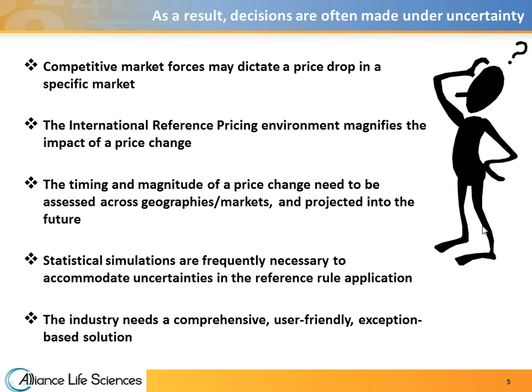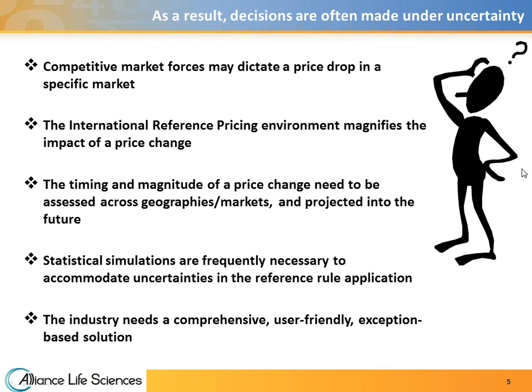You could have a different set of rules that are applied when a product is launched, and then going forward, the re-referencing rules could be very different. So there's that variation. We oftentimes do not know the exact date on which a price referencing will take place. So there's all those kinds of issues that make decision-making difficult.